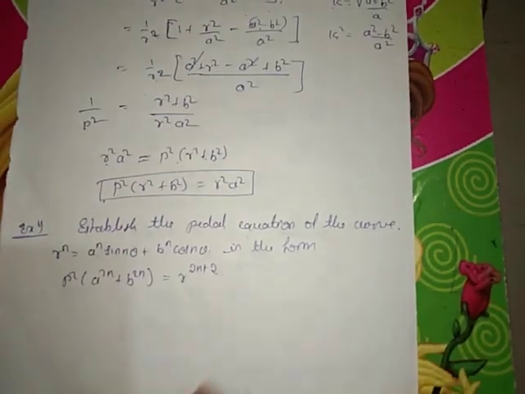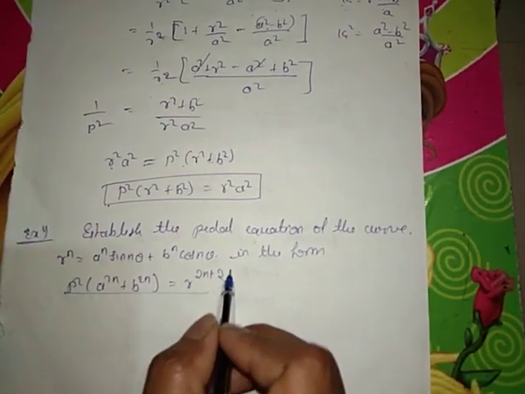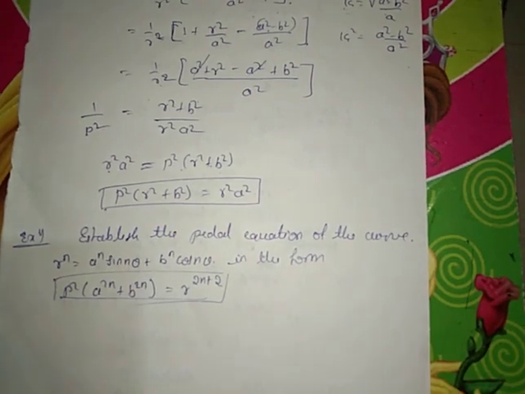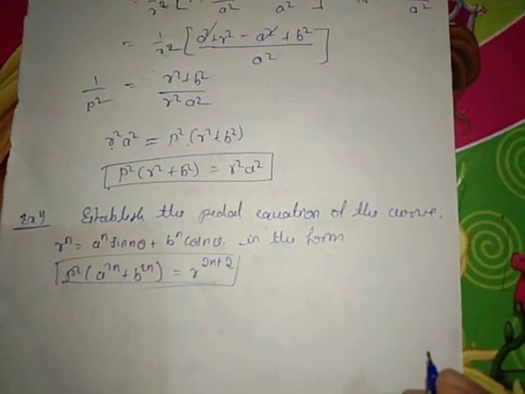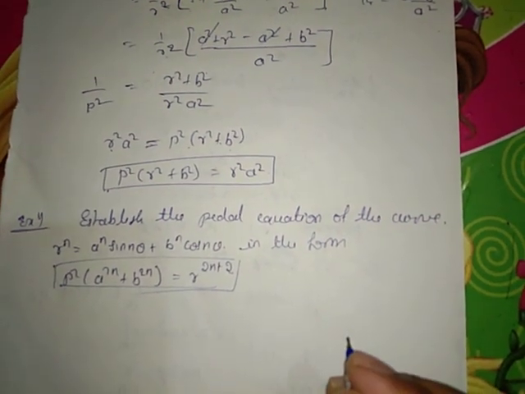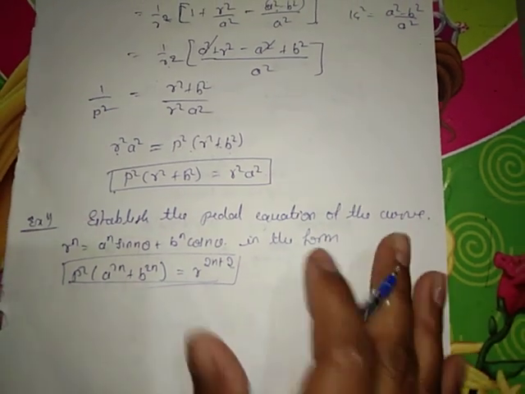We have to prove that the pedal equation of this curve will be this one: p square into a raised to 2n plus b raised to 2n equals r raised to 2n plus 2. That we have to prove here.